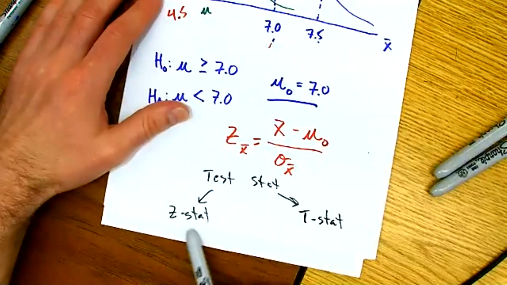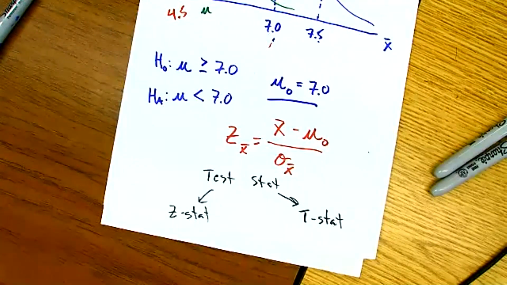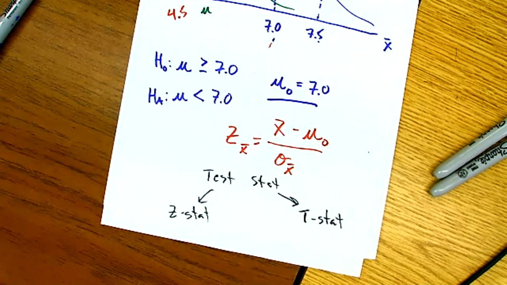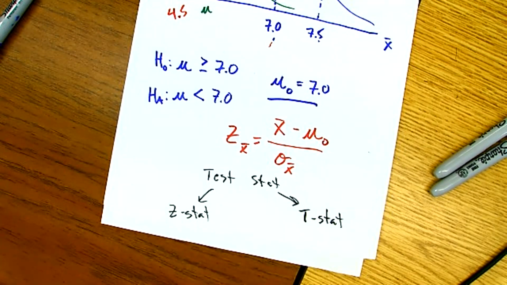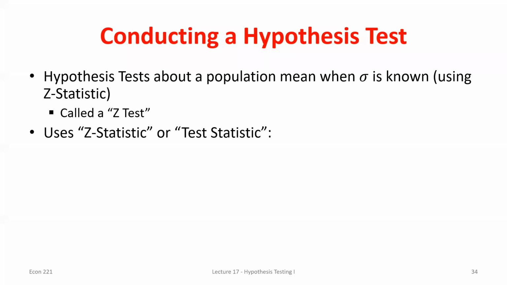So we're going to be calculating z statistics, right? We know the population variance, similar to confidence intervals. We then know that these sample means, once we convert them into my test statistic, should be coming from a standard normal distribution.